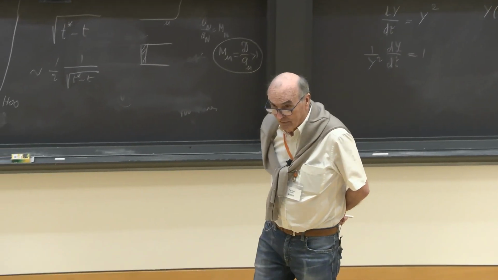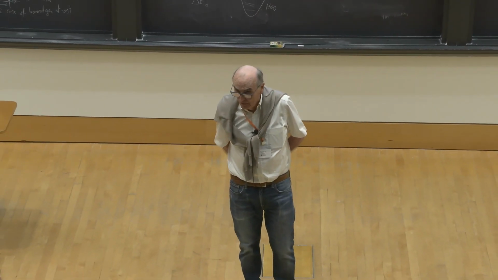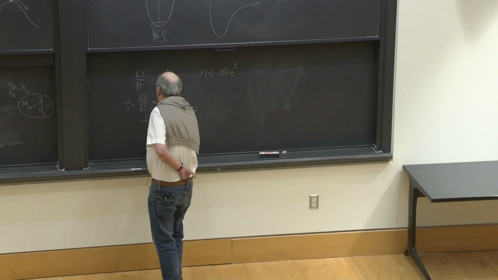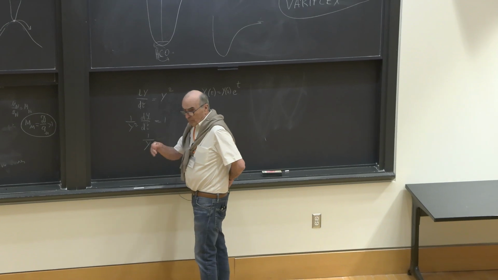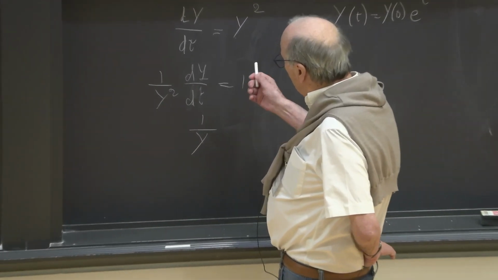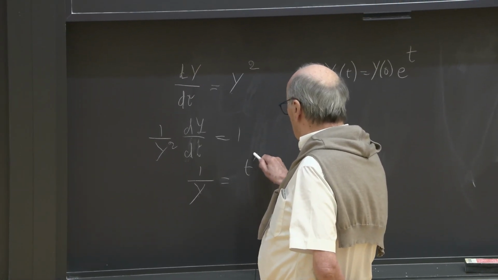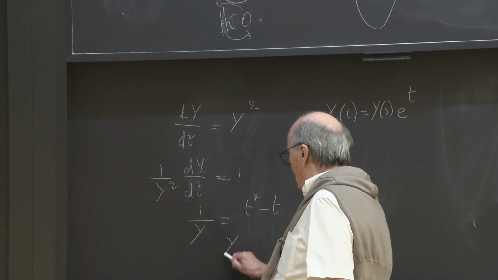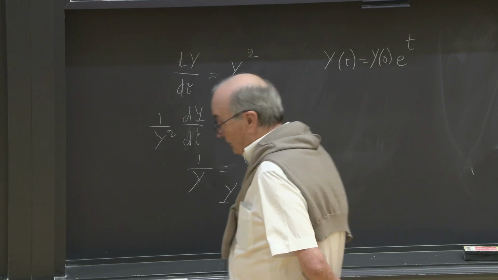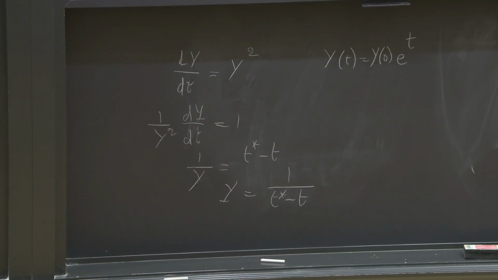What is the result of that? The integration is 1 over y, okay? So the integration should be something like 1 over y. It's clear that when you arrive at a critical time, you must have something like t star minus t. So this is the typical solution of this equation: a divergence in finite time.